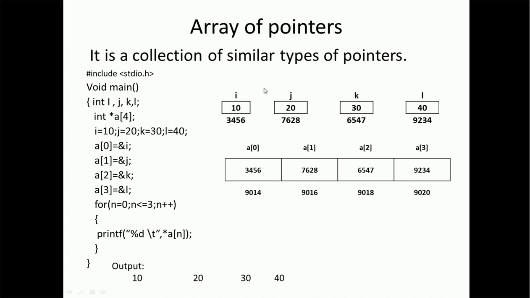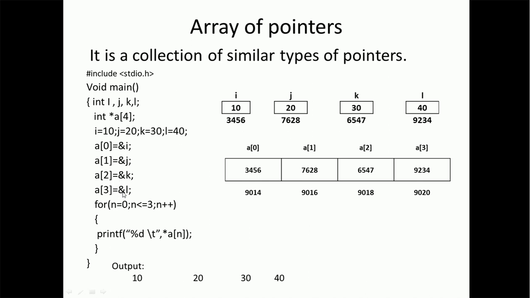Now, continuing with the array of pointers, the concept can be easily understood through this program. Here 4 variables have been declared, i, j, k, l, and there is one array of pointers having the maximum number of elements 4, and because this is an array of integer type of pointers, i, j, k, l have the values 10, 20, 30 and 40. a[0] is assigned the address of variable i, a[1] is assigned the address of variable j, similarly a[2] is assigned the address of variable k, and a[3] is assigned the address of variable l.